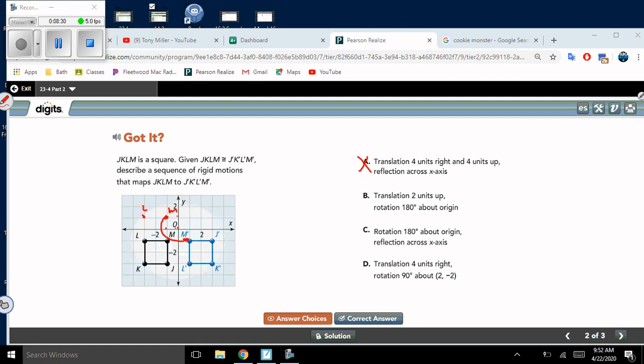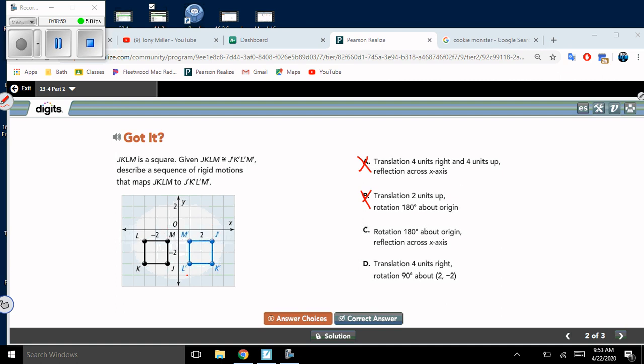Yes, it does. What about letter K? 1, 2 would be right here. So letter K, if I only translated 2 units up, is located right here, and therefore it's not going to fall into the same spot. If I go 180 degrees, it's going to end up in that zone right there. So that means B is out.